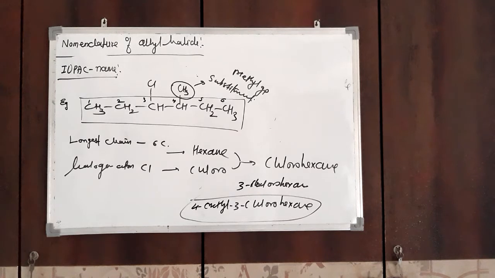Then, to identify the positions of the halogen atom and substituent, give numbering such that the carbon having the halogen atom gets the lowest possible number. Chlorine is attached to carbon number 3 and methyl to carbon number 4. So the IUPAC name is 4-methyl-3-chlorohexane, and we know the remaining rules about where to use the hyphen. So this is one example.